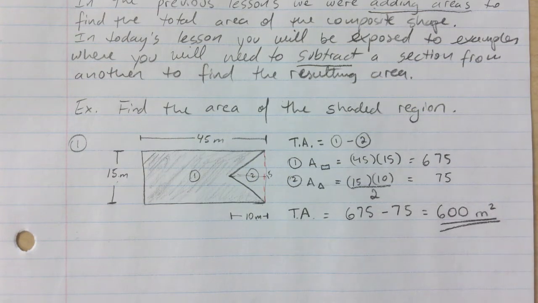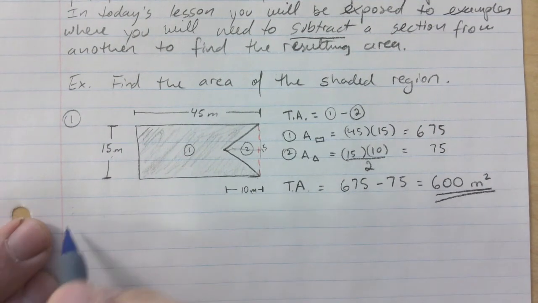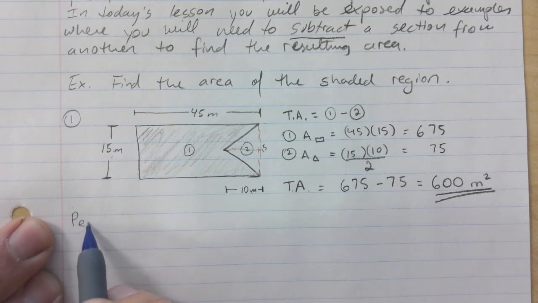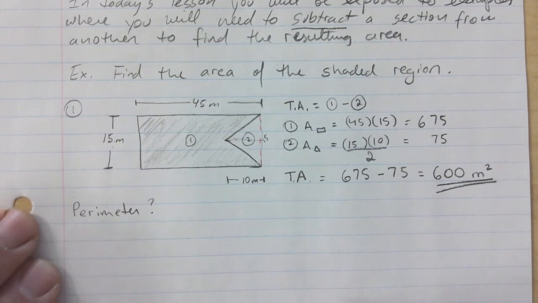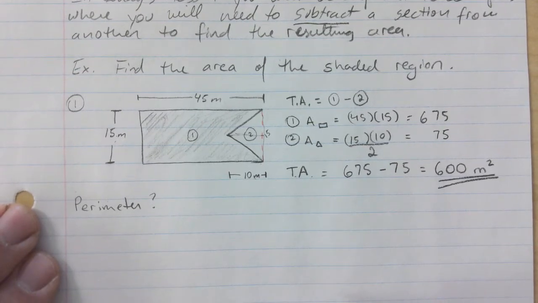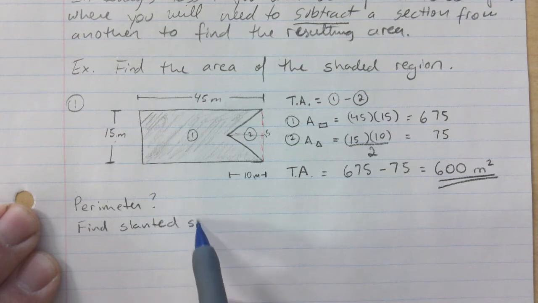Okay, so I will do that on the side here, underneath it. Perimeter. What would that be? Find slanted sides.